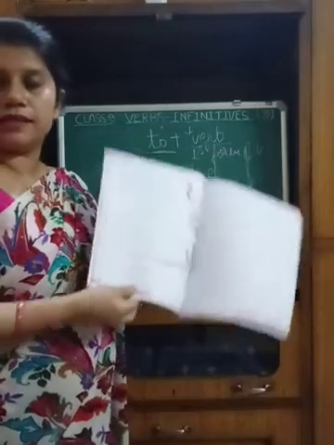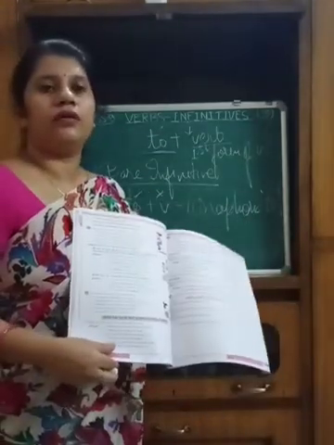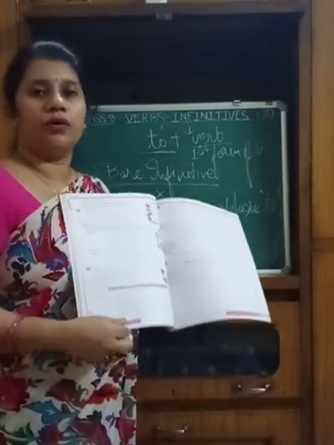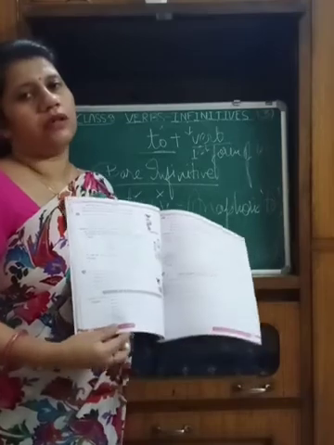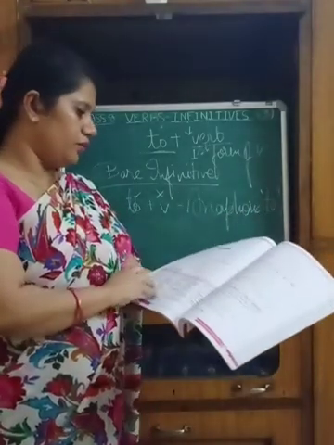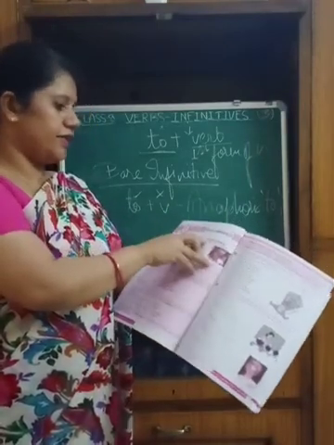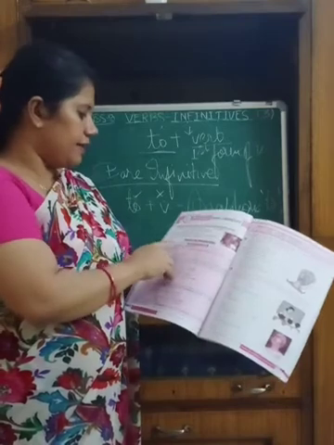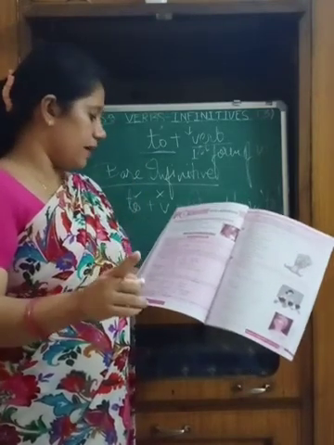Try to solve the exercises given in your book. First try to solve them yourself, and then cross-check your answers through the PDF. What you have to write in your notebook is the definition of the verb, and then the transitive and the intransitive verb with an example.